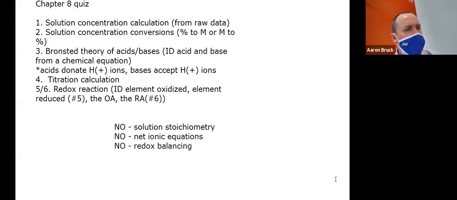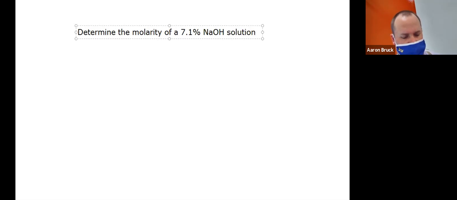So let's do a relatively simple problem here. Determine the molarity of a 7.1% sodium hydroxide solution. This is the kind of question that you'd be asked on the quiz for number 2.